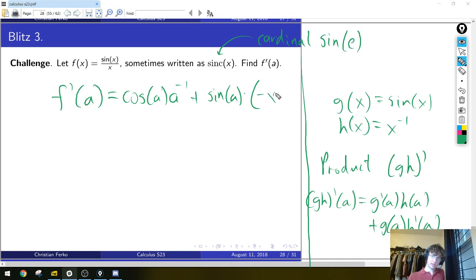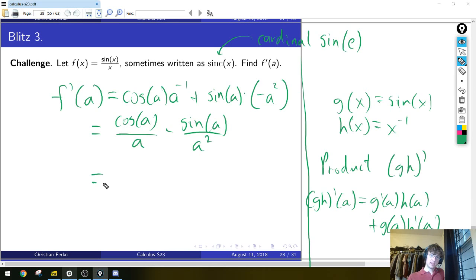Good. We can simplify this a little bit because I'll just put all the minus powers downstairs. Did I just put an x? Sorry. See, this is a problem with asking whether something is at x or at a. So cosine a over a minus sine a over a squared. Good.